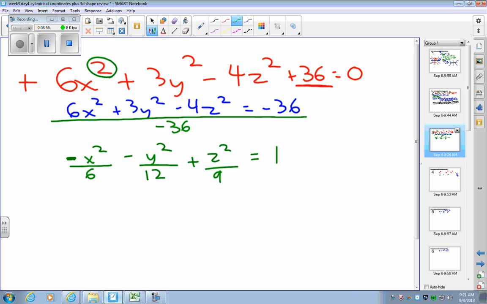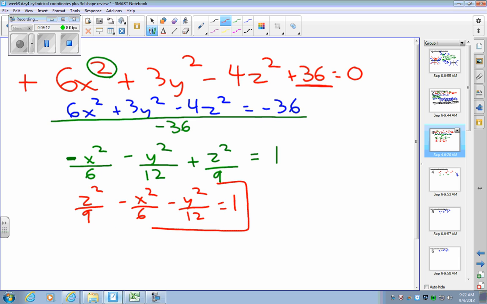Okay? So hopefully you will be able to declare what the shape actually is. And I'm going to write it one more way. I'm just going to rearrange and say z squared over 9 minus x squared over 6 minus y squared over 12 equals 1. Now, that is in the proper form, so you can declare this is a hyperboloid of 2 sheets.